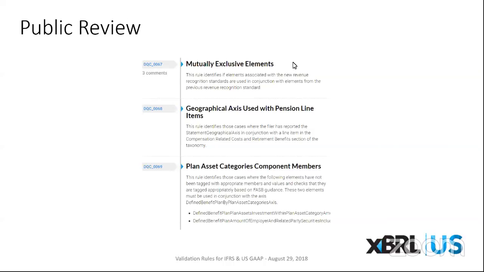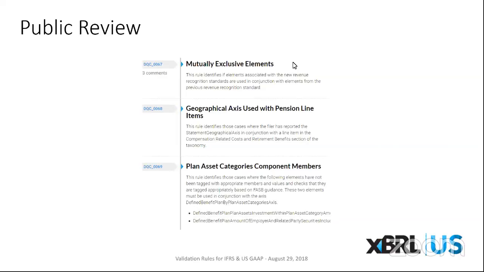The FASB had issued this guidance basically to say, look, when you're reporting pensions and you're reporting these assets that you have, don't dimensionalize; just create an axis and name what each of these investments that you hold are, and put them on the axes that define those individual assets. And if those assets are held in different geographies, don't put another dimension in to break it up by geography.